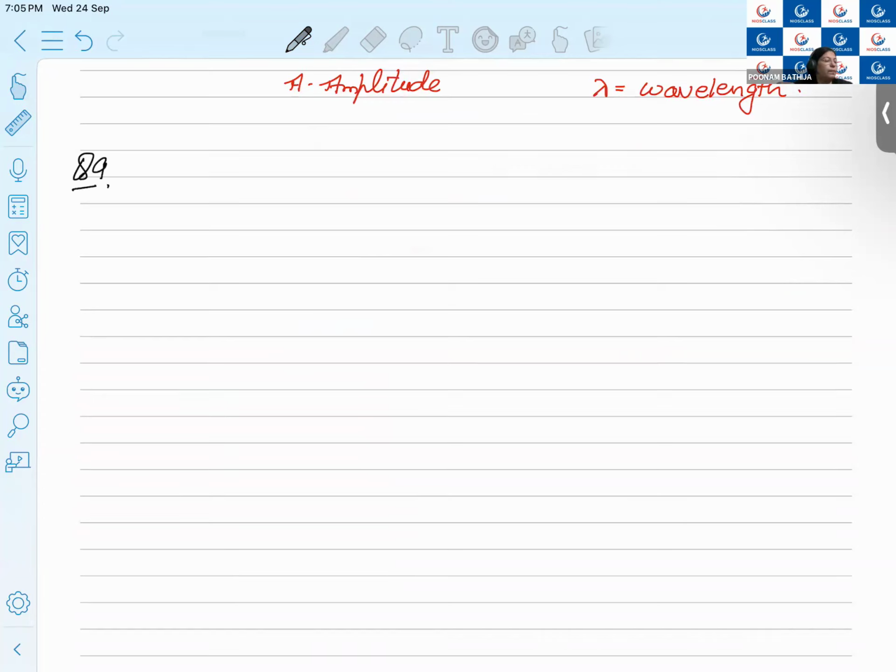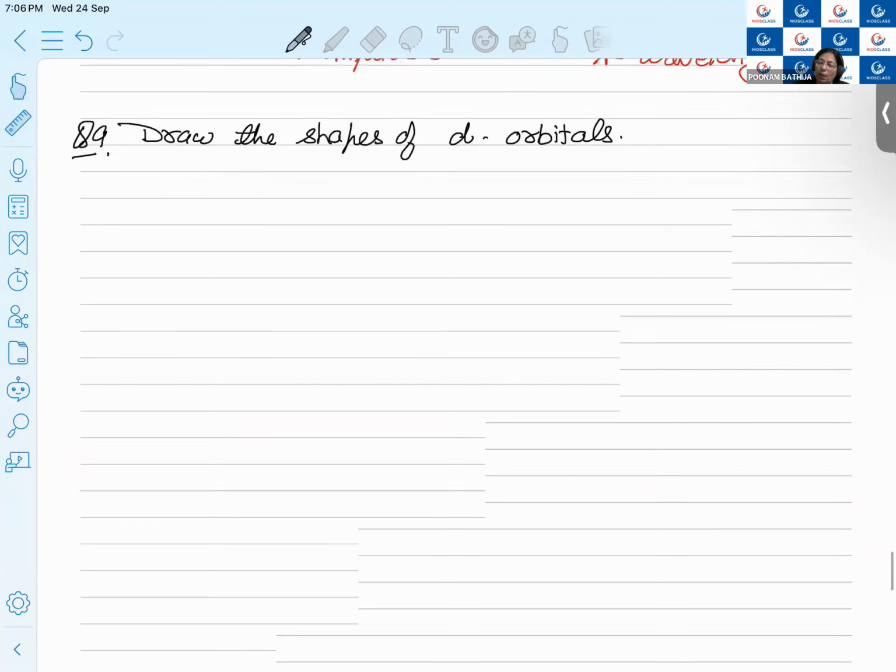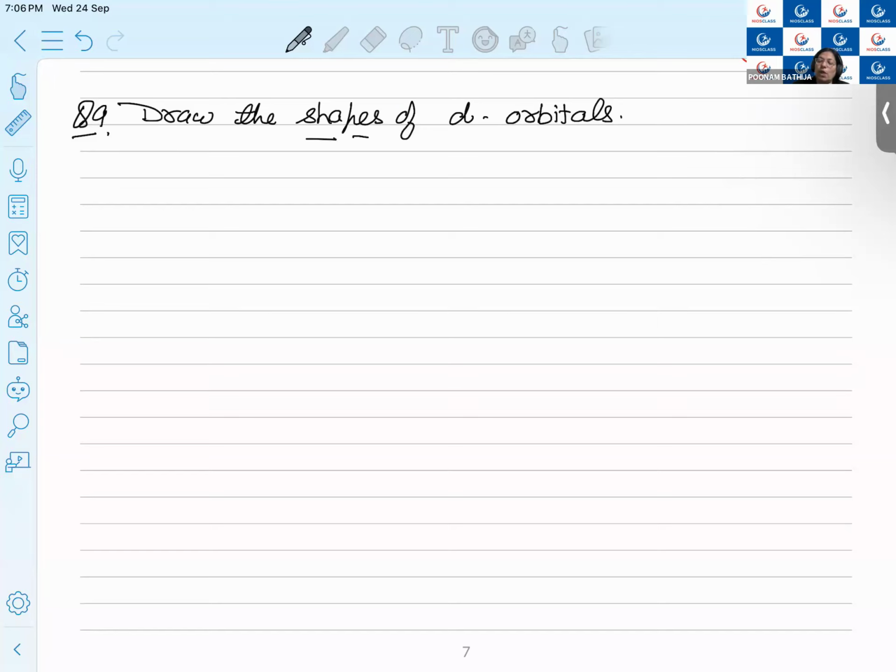See next question. Draw the shapes of d orbitals. Look, there are 5 d orbitals. In d subshell, 5 orbitals present. Okay, we have to draw the shape. Again, it carries 2 marks. dxy.